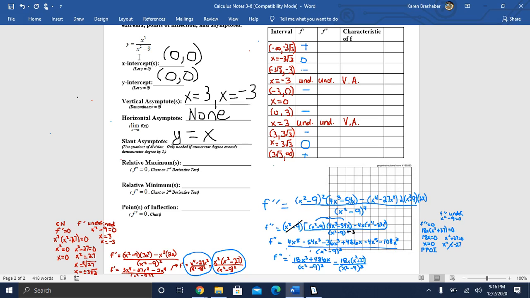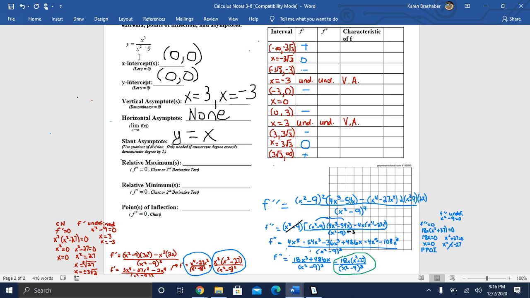Now I'm going to look at f double prime. For f double prime, to do my calculations, I would use this version of f double prime. So, for example, I'm going to use negative 100 again.